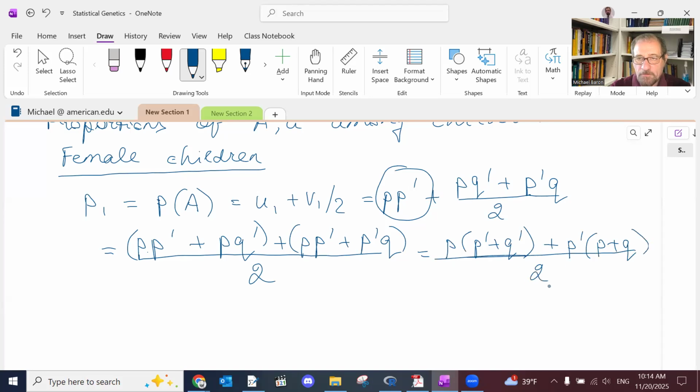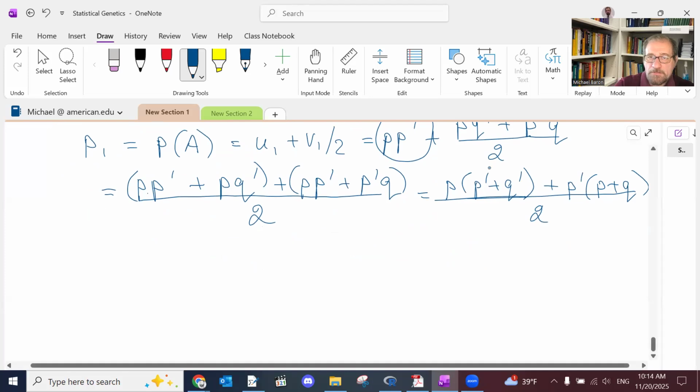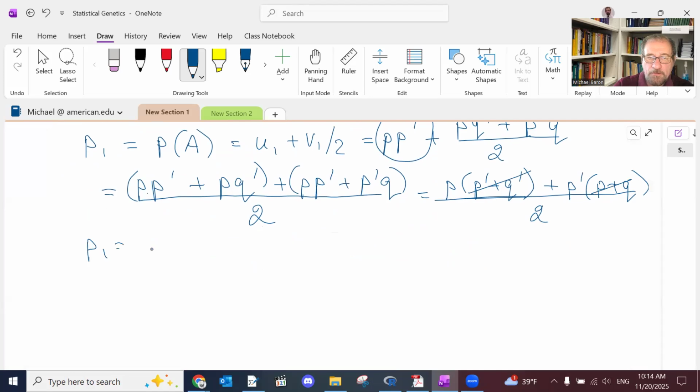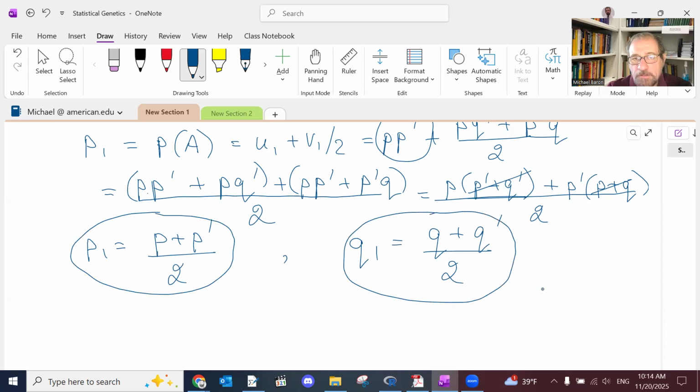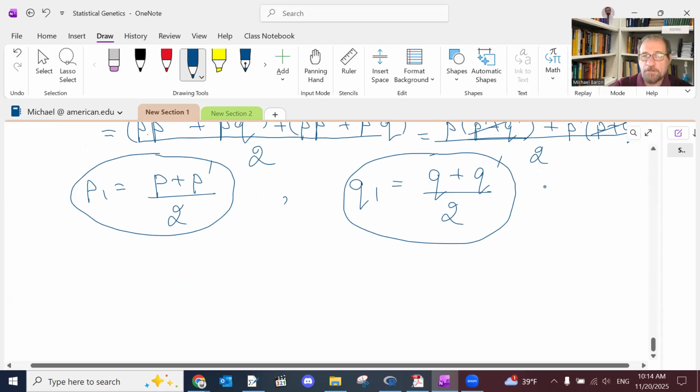So we'll have, since this is 1 and this is 1, we simply have P plus P prime over 2. And similarly, you can go through similar formulas. Q1 will be Q plus Q prime over 2. This is how the probabilities of dominant and recessive genes are calculated for the female population.